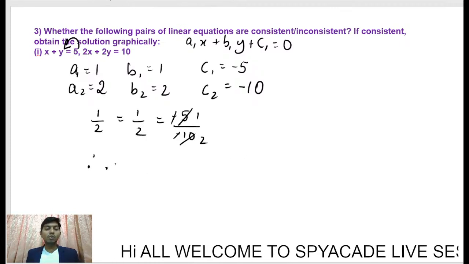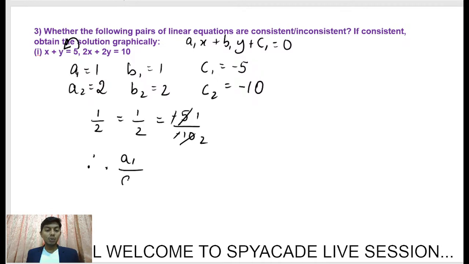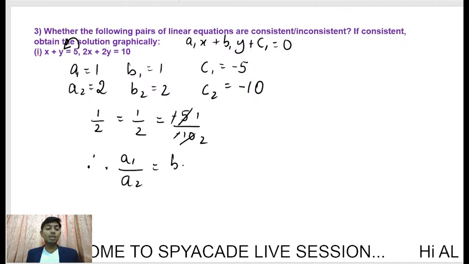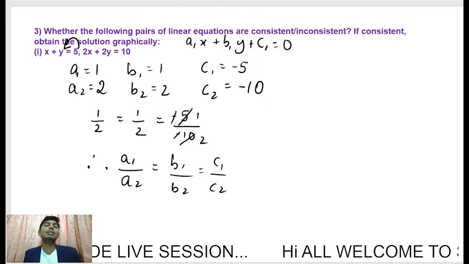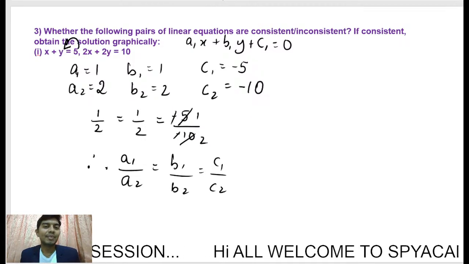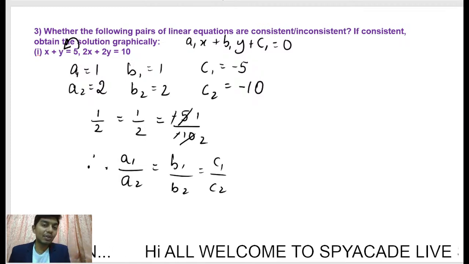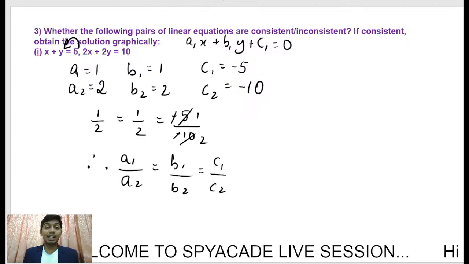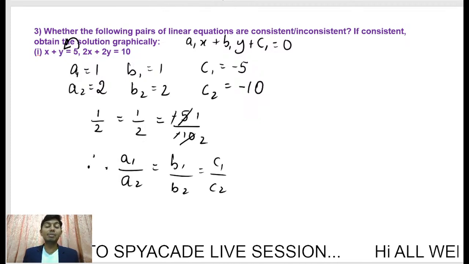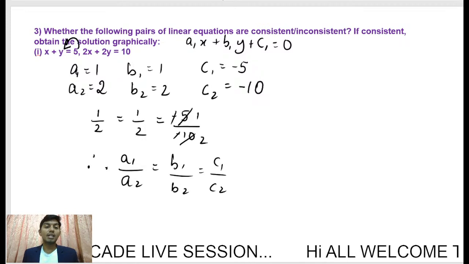Right? So therefore A1 by A2 is equal to B1 by B2, that is equal to C1 by C2. Whether this is consistent or not: if it is parallel lines, then only it will be inconsistent. But here it is not parallel lines. Here we will be getting infinitely many solutions. Right?